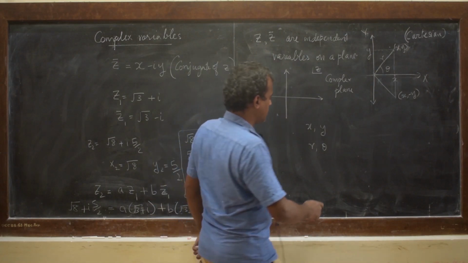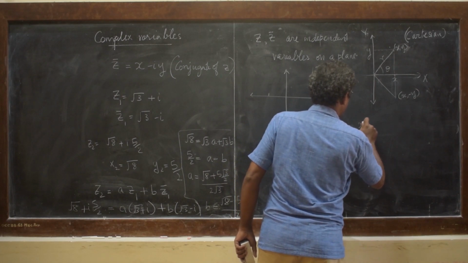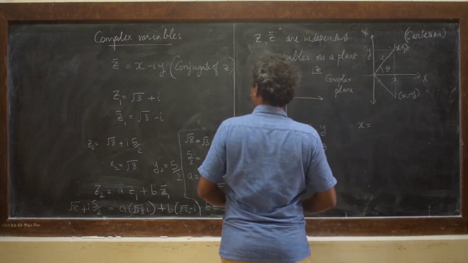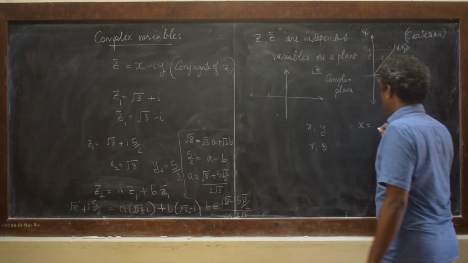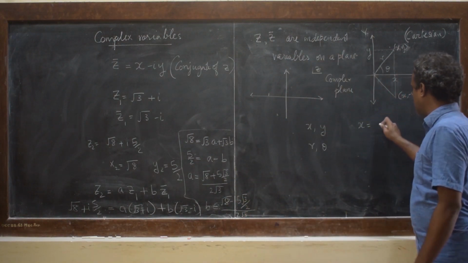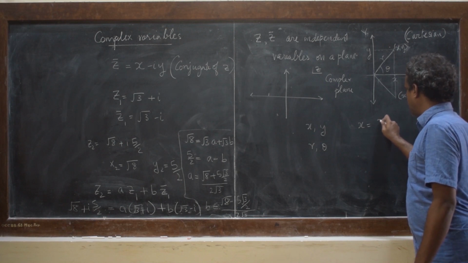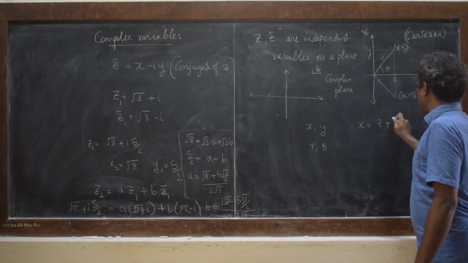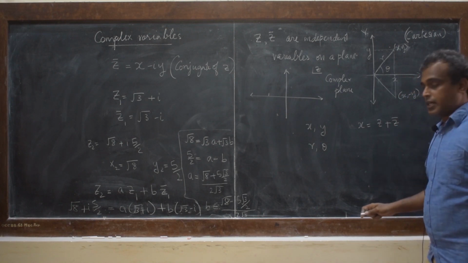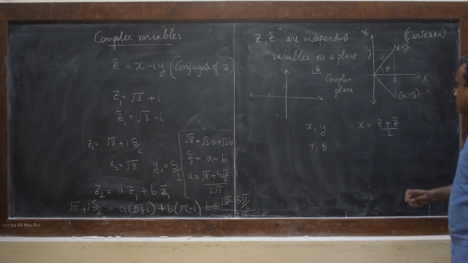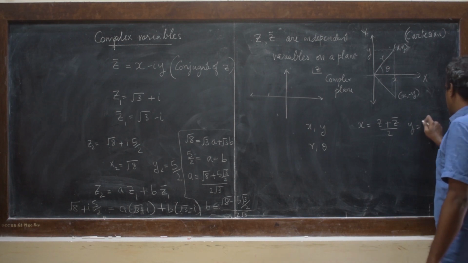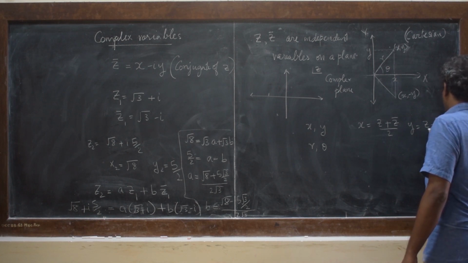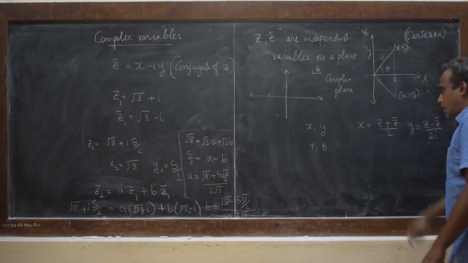That is easily done because it is easy to see from the form of z and z bar that we had earlier used that x, the real part in the Cartesian form, is just the sum of z with z bar divided by 2, while y, the imaginary part, is (z minus z bar) over 2 times i.